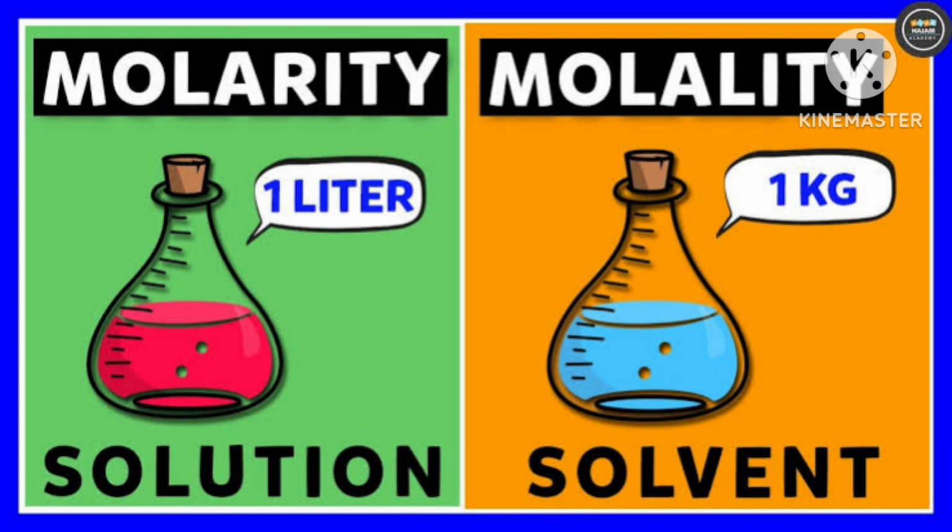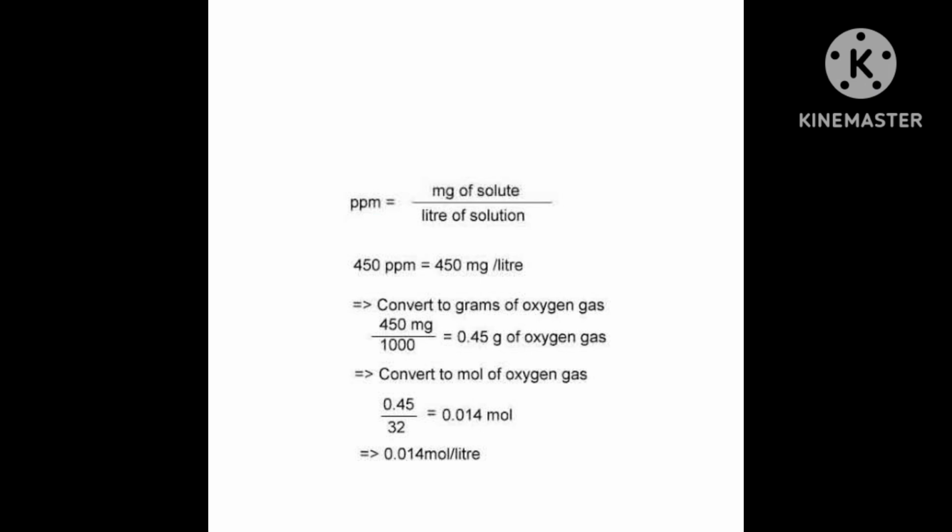Then this solution will be called 0.25 M. Like that, if you have added 40 gram of NaOH in 1 liter, it means you take water roughly 600, 700, but less than 1 liter.